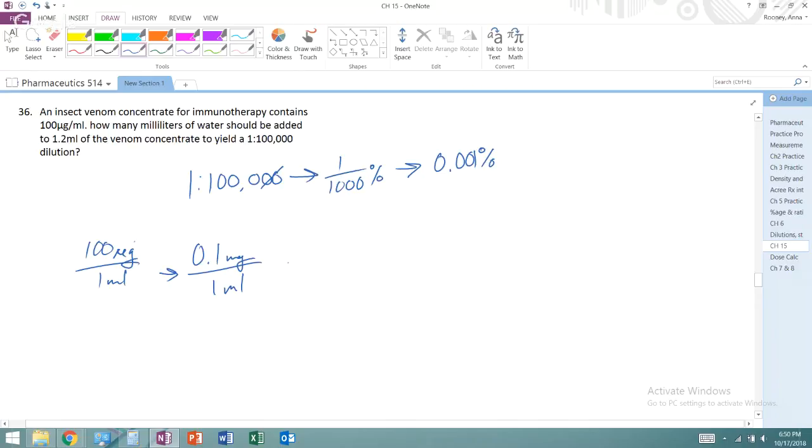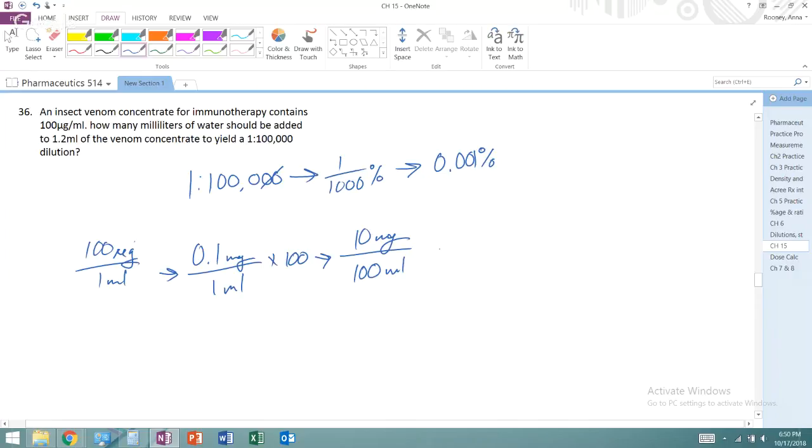And then if we multiply this by 100, we get 10 milligrams for every 100 milliliters.